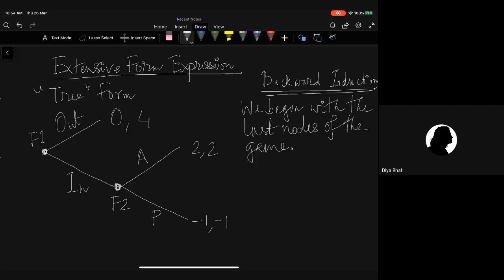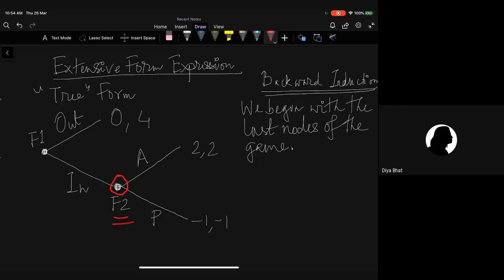So how would it play out in this game? Consider first player 2, F2, sitting on this node. This last node is called the terminal node. So F2 is sitting on this terminal node.